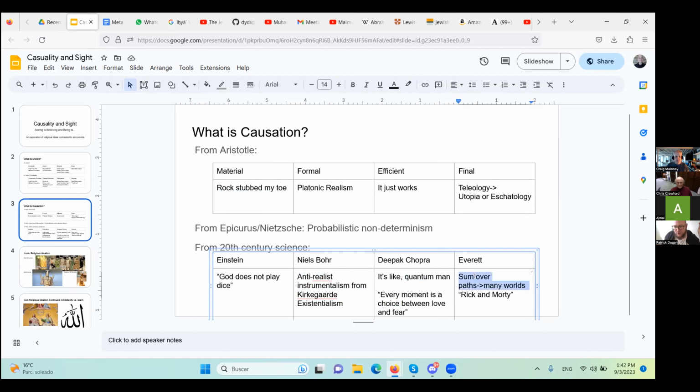And then on the far extreme, Everett had the many worlds theory, which is that quantum physics is splitting reality into parallel universes all the time, and there's a literally infinite amount of parallel universes. The show Rick and Morty exemplifies this, where they'll just generate these infinite different parallel universes at will, and it's very existentially despairing.